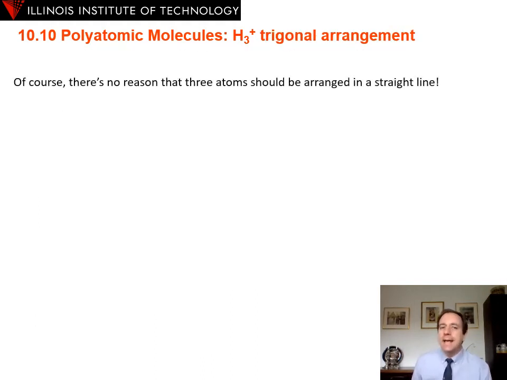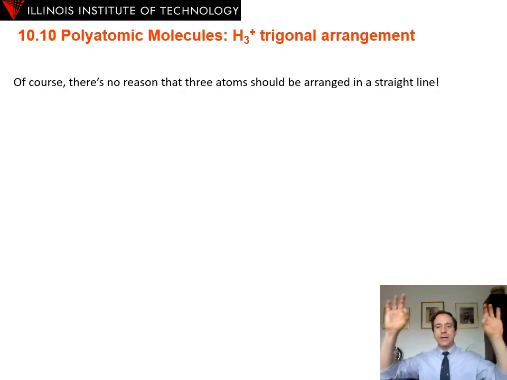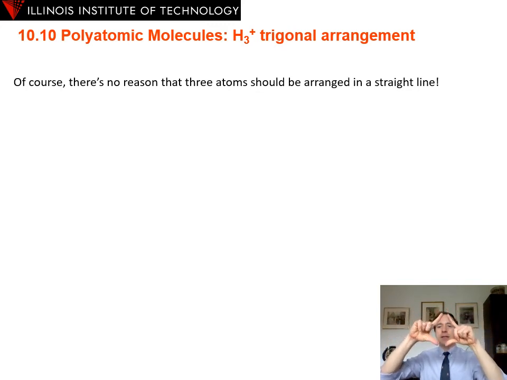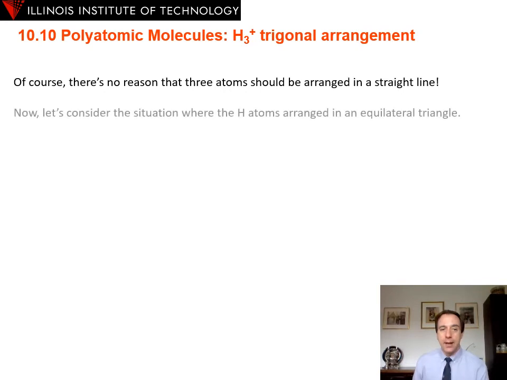But then again, there's no reason that H3 plus has to be linear. So if linear is one extreme, then the next extreme is building an equilateral triangle.